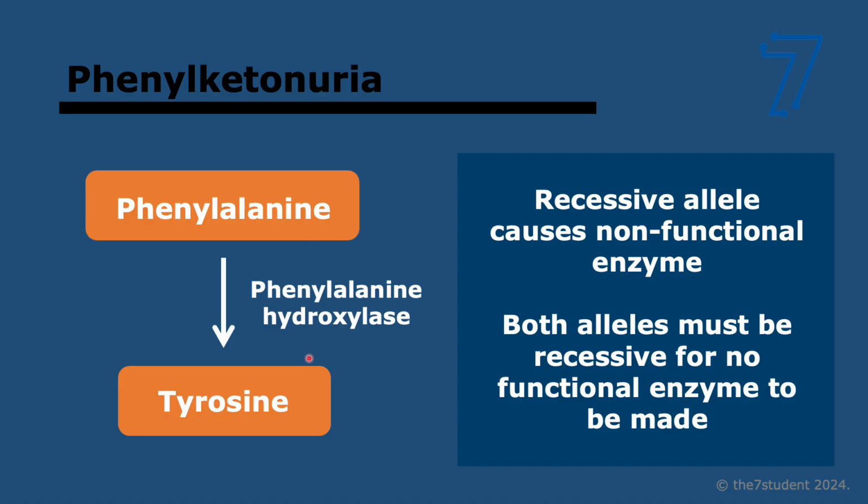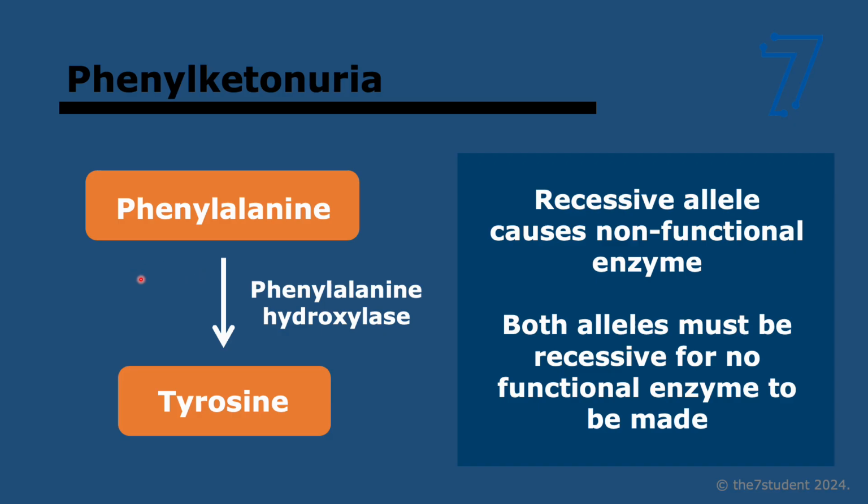So no conversion happens. And that's really bad because when phenylalanine builds up and isn't converted to tyrosine, it can lead to brain damage. So the issue is the parents might both be carriers, meaning they are heterozygous, but they don't have any of the symptoms. But then if they both pass the recessive allele, the kid will have phenylketonuria, also known as PKU.